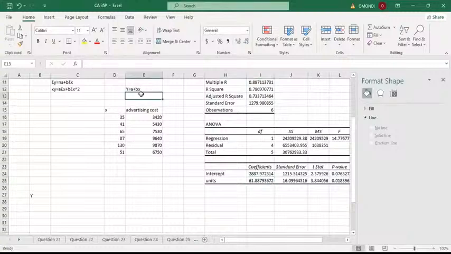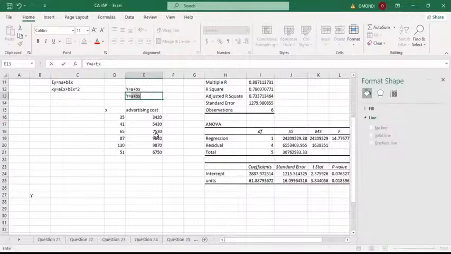So our equation which we are looking for is y equal to a. What is the value of a? 2887.97. Then plus b. What is the value of b? 61.887x.